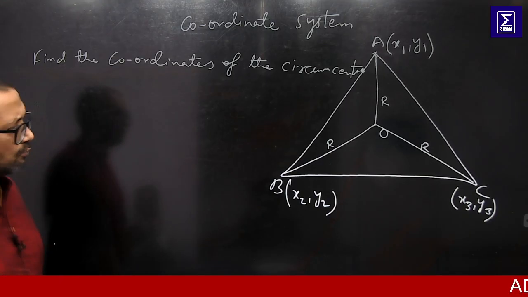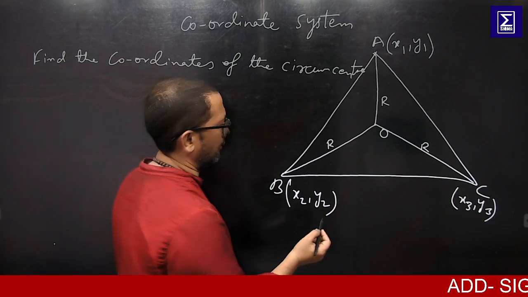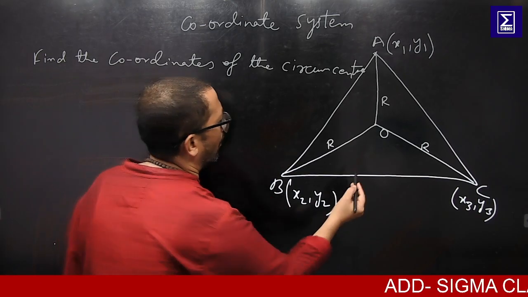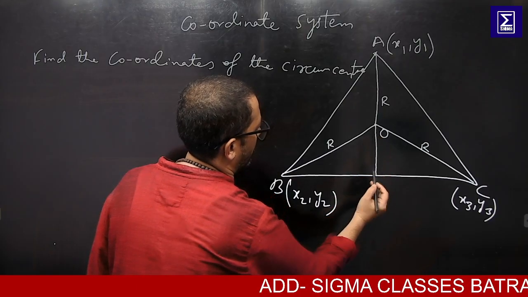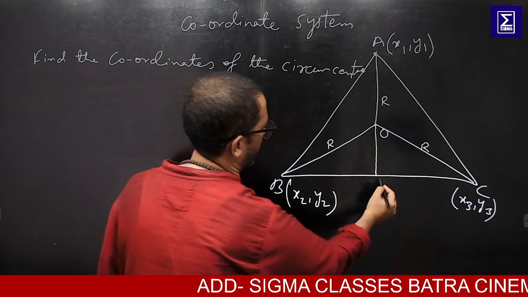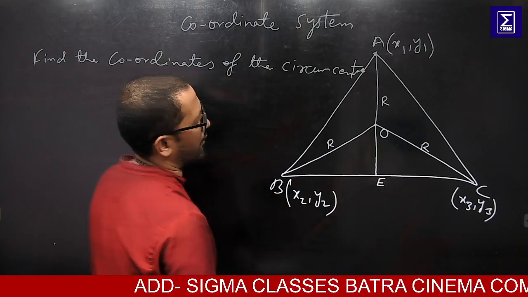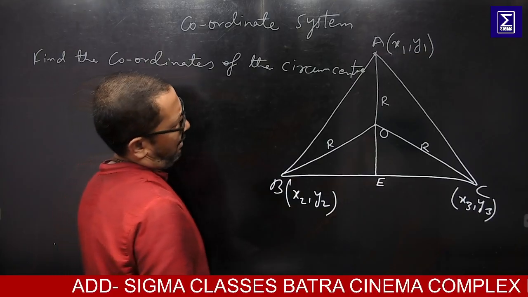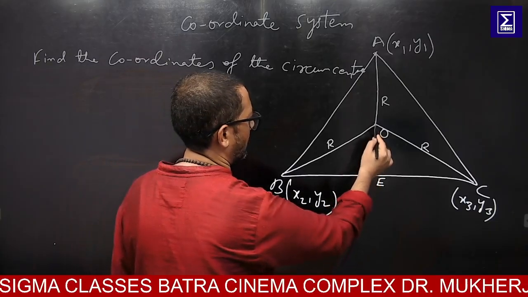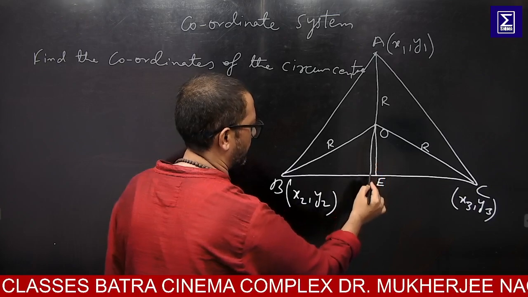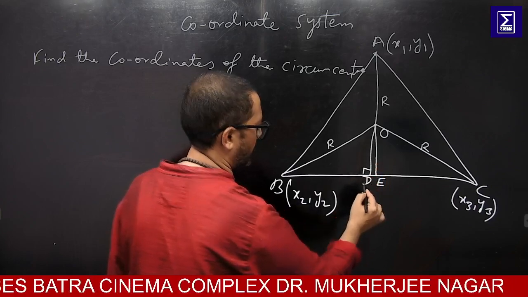So we do some construction. First of all, we will join O on BC, let it be joining here at E. So OE. And make a perpendicular here. This perpendicular is OD.